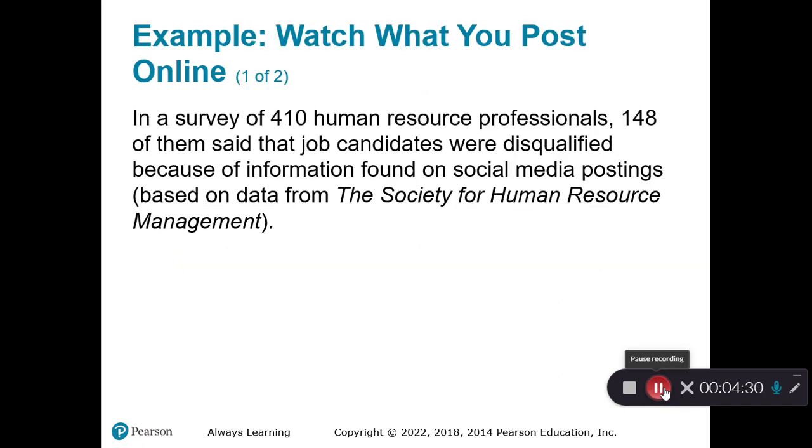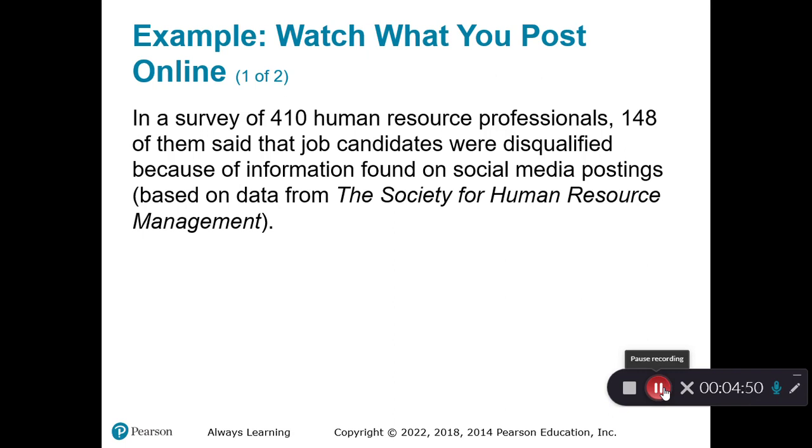Let's look at this example. In a survey of 410 human resource professionals, 148 of them said that job candidates were disqualified because of information found on social media postings. And this is data that came from the Society for Human Resource Management.